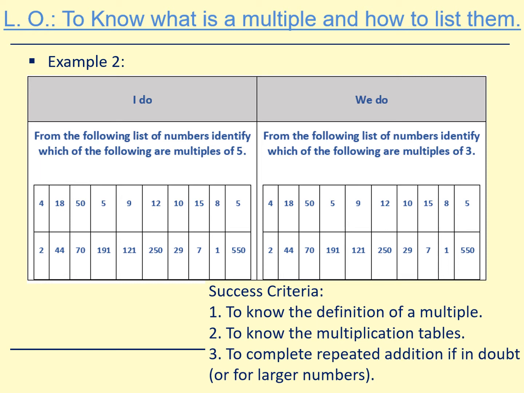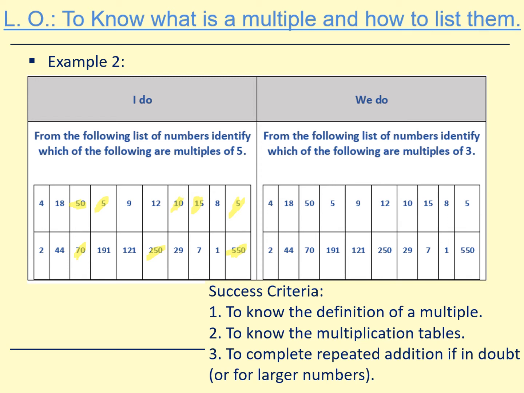So from this list, 4 isn't a multiple of 5. 18 is not in the 5 times table. 550 definitely is, as 5 times 110. The others are 5 times 2, 5 times 3, 5 times 1, then 5 times 14, 5 times 50, and 5 times 110. These are all multiples of 5.